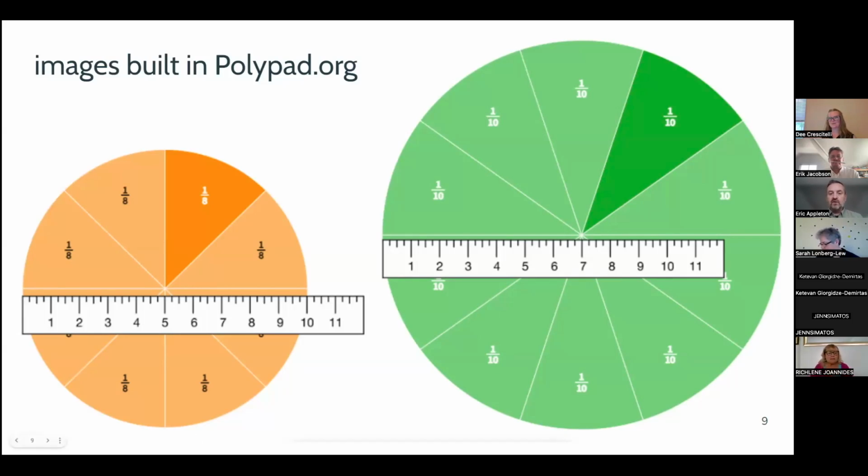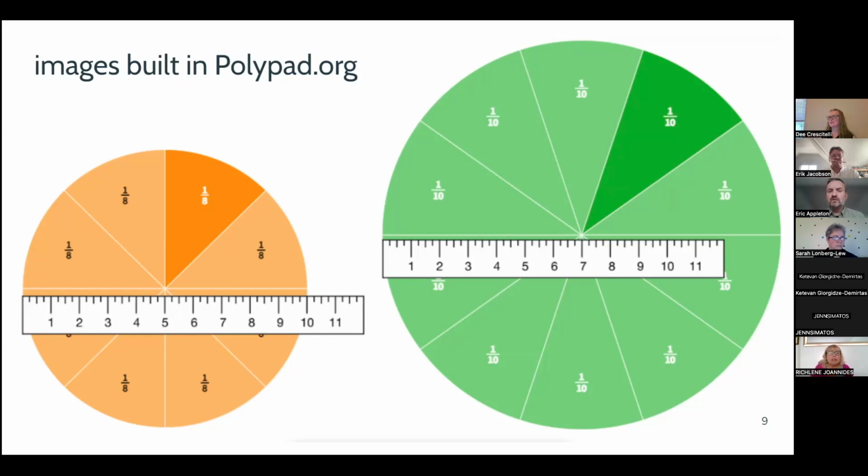Can anyone talk from these images? Is there anything you would say? I think I'm reinforced. Say a little bit more about that, Richelieu, and why. Because the ruler shows for the smaller pie 5 inches, basically a slice, and the larger pie 7 inches. So which slice is bigger, just from eyeballing it?